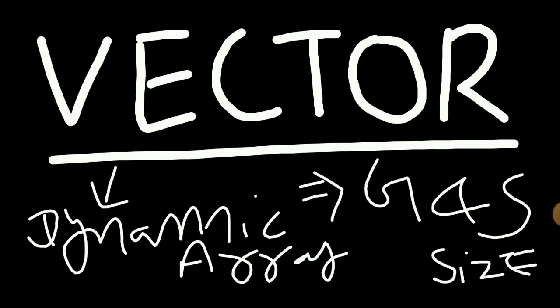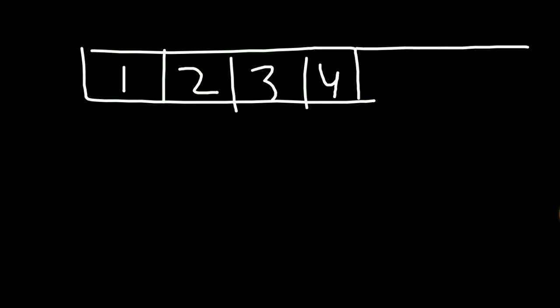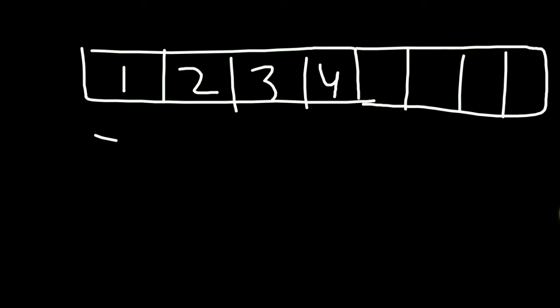For example, if you have an array like this, having the elements 1, 2, 3, 4, and you want to insert one more element, the vector can grow up to double its size. Let's say the initial size is x.